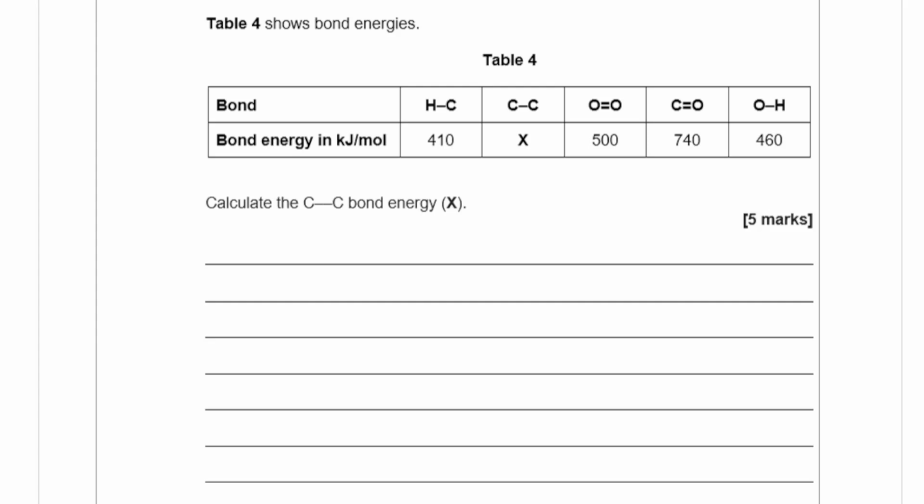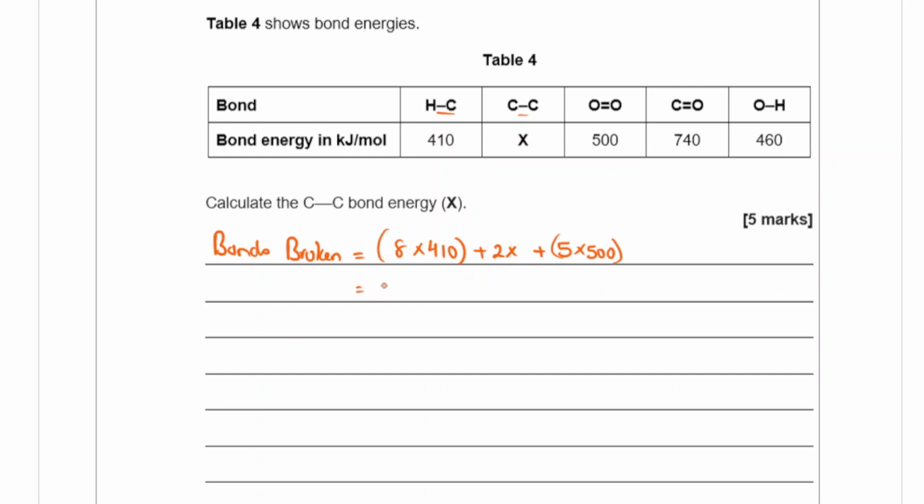So let's rewrite these values. Let's write this down first. Bonds broken is equal to 8 of the carbon hydrogen bonds, so that's 8 times 410, plus there was 2 of the carbon-carbon bonds, so you can write it as 2x, plus 5 oxygen bonds, so 5 times 500.